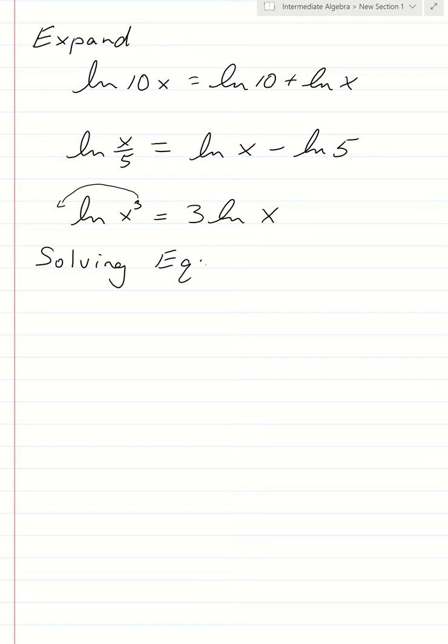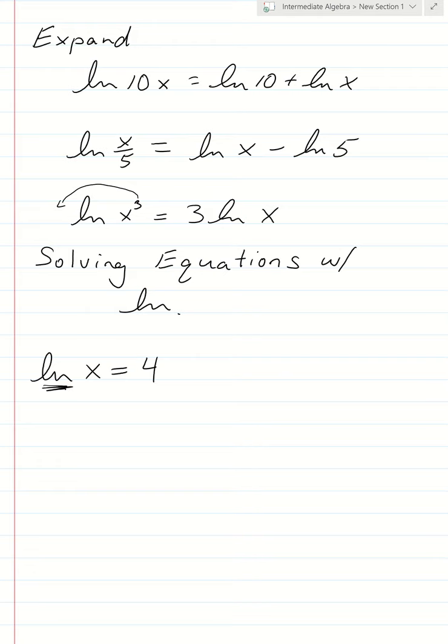Just like before when we had equations with logarithms, we can solve equations with the natural log function. For example, let's say we had the following. The natural log of x is supposed to equal 4. Well, what does the natural log really mean?